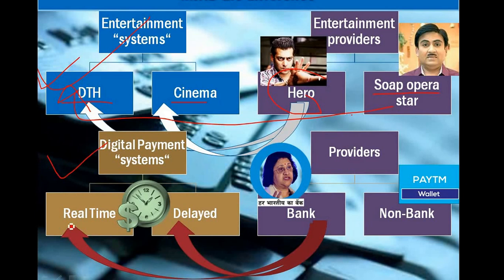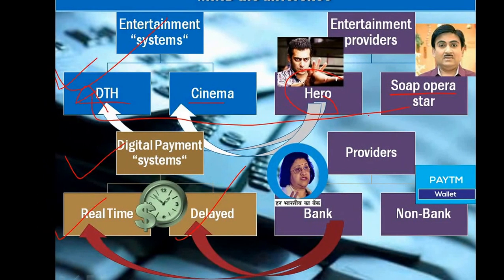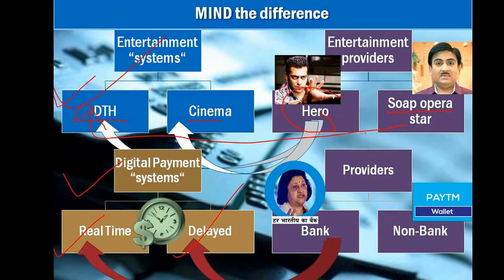The entertainment providers, the heroes, can make films for the cinema and make live shows for TV serials as well, whereas soap opera stars can develop entertainment episodes or entertainment series only for TV.